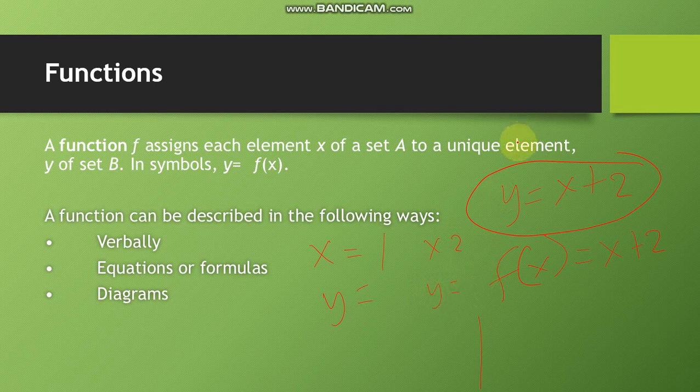You will pair an element of y to your x, given the value of your x. A function can be described in the following ways. We can have it verbally, by equations or formulas. We can also do it by diagrams. I hope you can still remember the following functions.